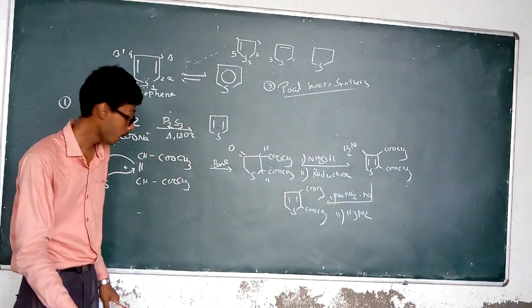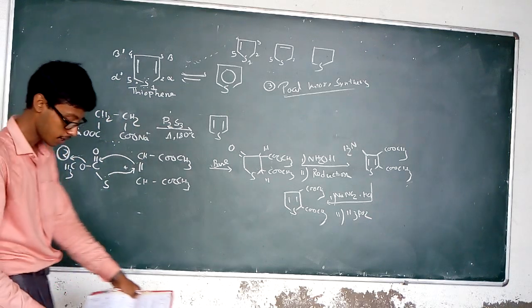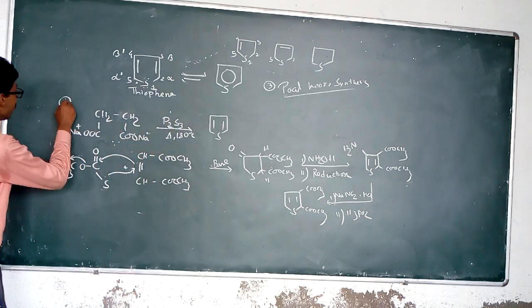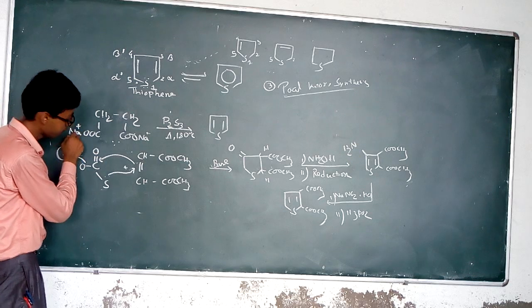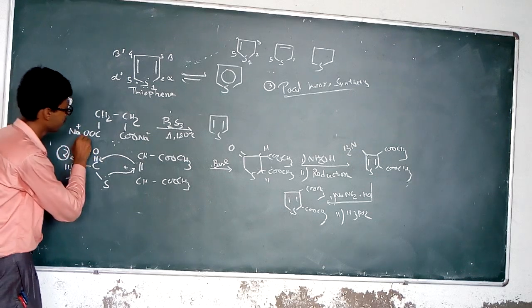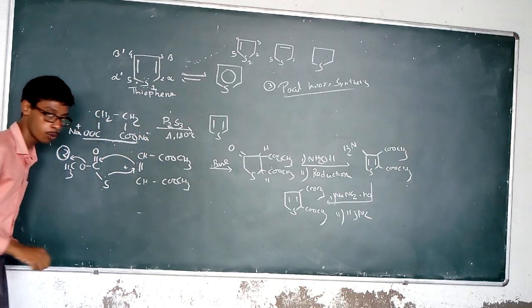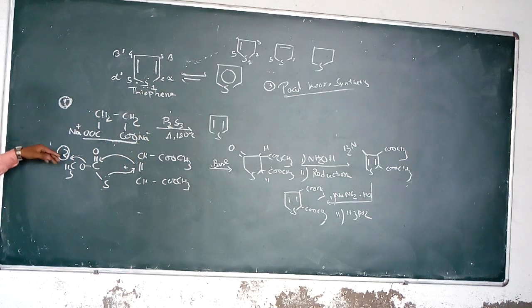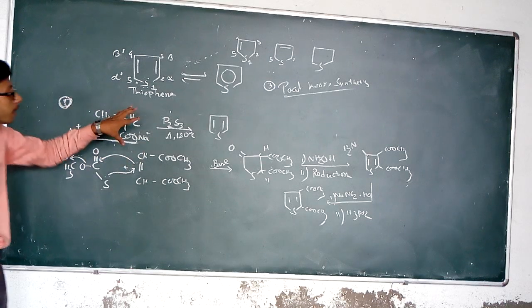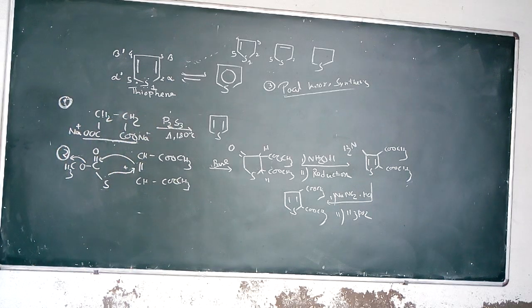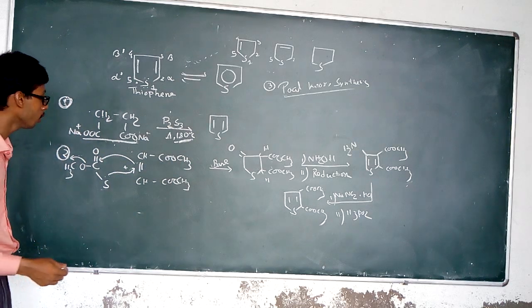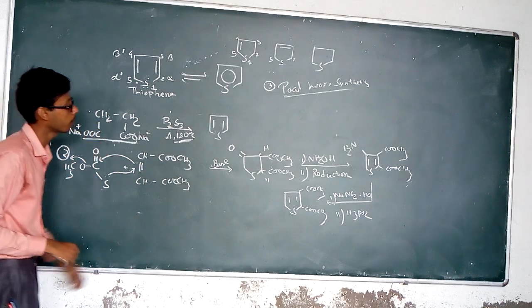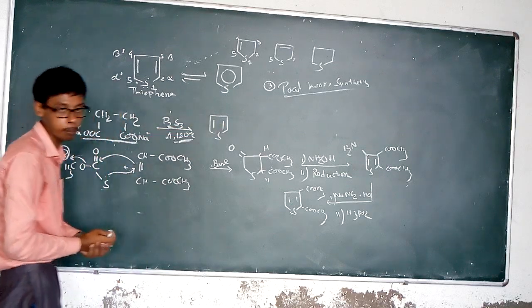In the first scheme, reaction 1, we take succinic acid, specifically the sodium salt of succinic acid, COONa. The sodium salt of succinic acid is treated with phosphorus trisulfide in the presence of heat at 180 degrees Celsius. This is the trivial method, and ring closure occurs to form thiophene.